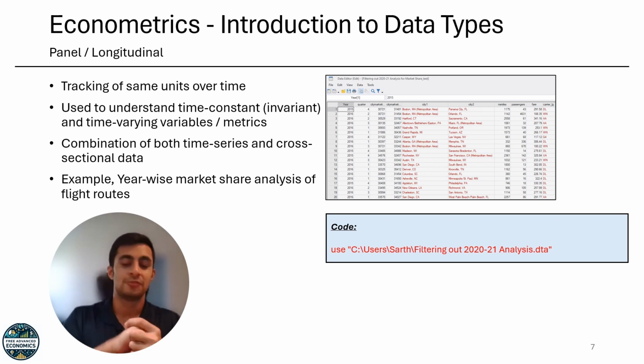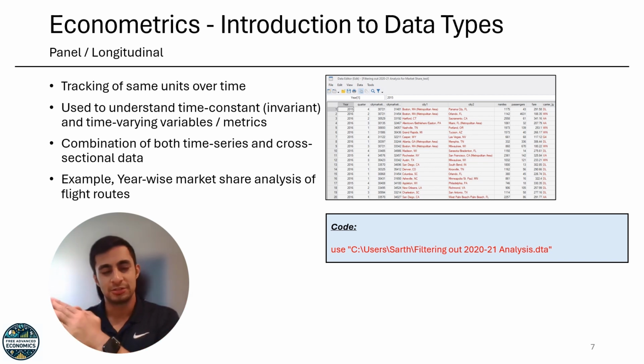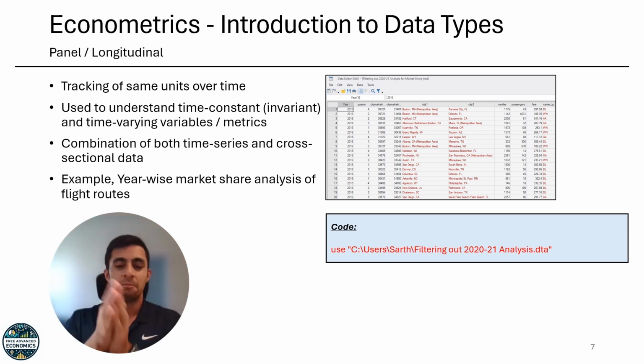And lastly, you've got panel and longitudinal data. As I said, this is the king, or this is the epitome of all data types. And as you can see on your screen over here, using a data code that I've run, I'm just trying to understand the metrics associated with multiple flight routes over multiple years.